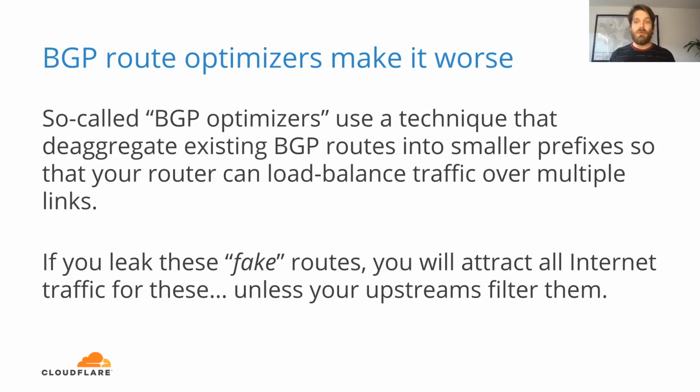If you leak these fake routes, you will attract all the traffic for them, due to BGP always preferring more specifics, unless your upstream filters them. And as we saw during the incident, nobody has the capacity to suddenly be the main transiting point for a large volume of internet traffic.